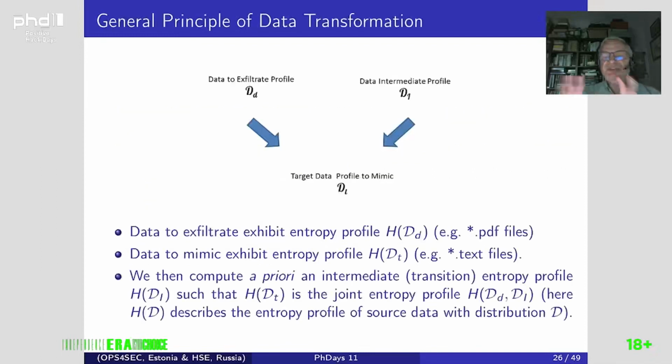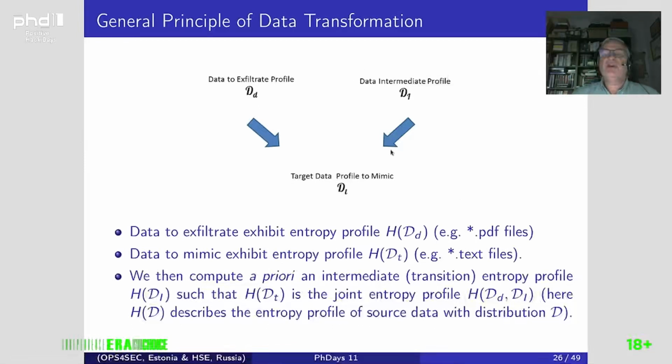Since it is rather complicated mathematics, let us sketch the general approach. You have data to exfiltrate which has a given data profile, for example PDF, and you want to exfiltrate it by mimicking some target data profile, for example a text file. You want to exfiltrate a PDF in the form of a text file.